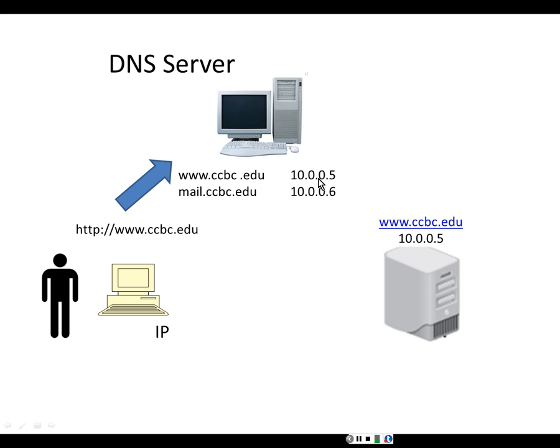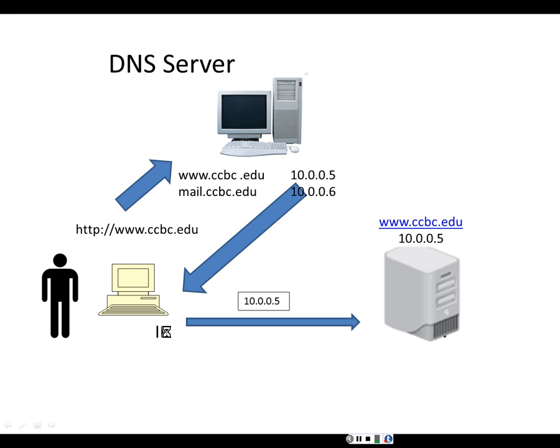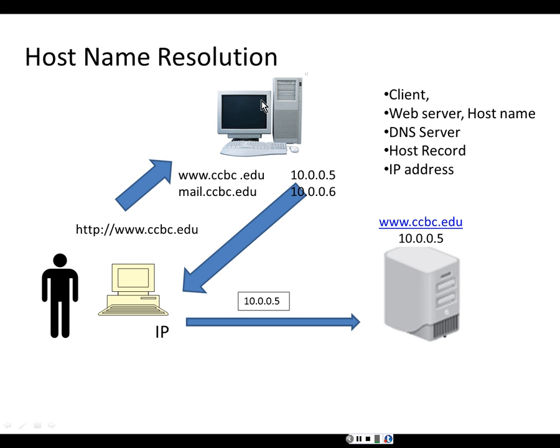The DNS server sends the IP address back to the workstation, and now the IP protocol knows that the IP address of ccbc.edu is 10.0.0.5. The IP protocol then sends the packet to 10.0.0.5, which of course is the IP address of our web server. And this whole process is called host name resolution.